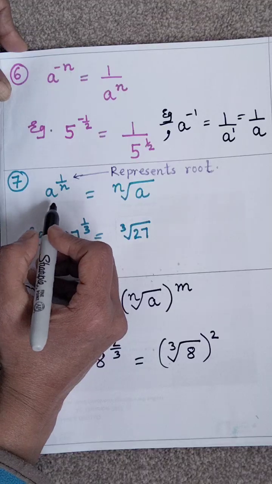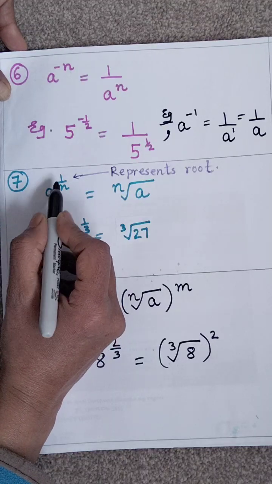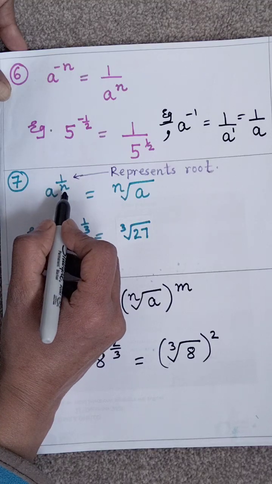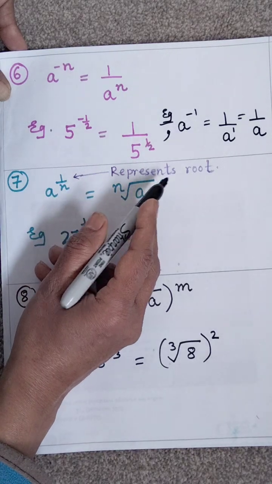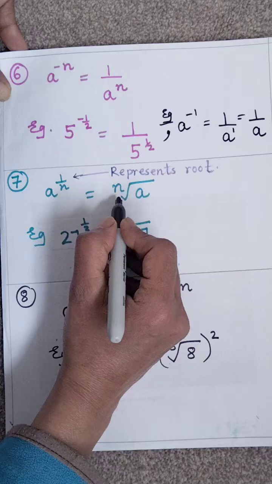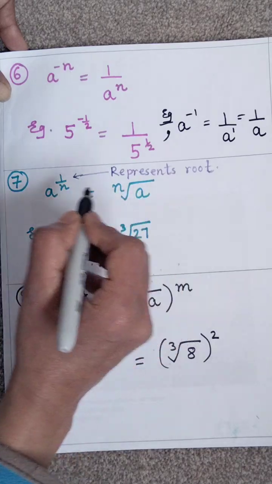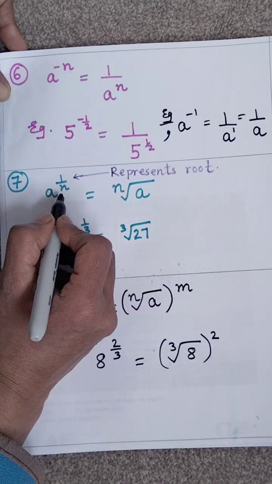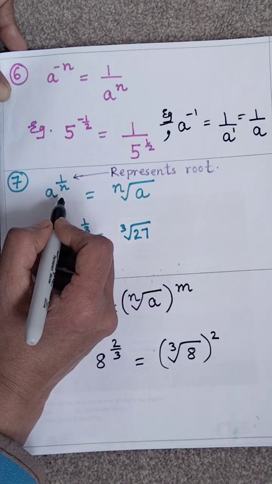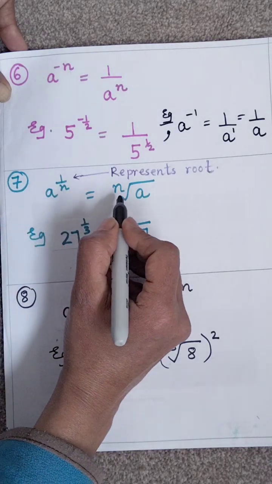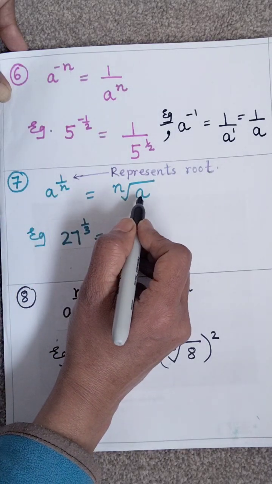The seventh law, a raised to 1 over n. Whenever there is 1 over n, this n represents a root. So a raised to 1 over n is equal to the nth root of a.